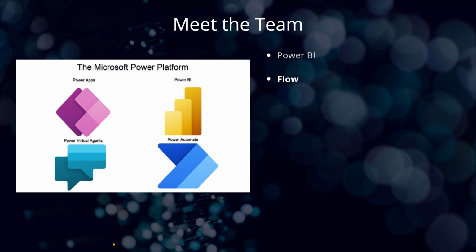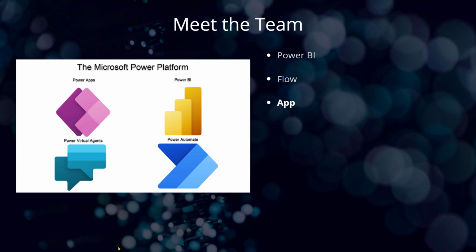So there we are. That's Power Automate. We've talked about Power Apps, and then finally, the one that I know the least about is the Power Virtual Agents. These are essentially chatbots that are available 24/7, that have the ability to interrogate data sets and provide responses.